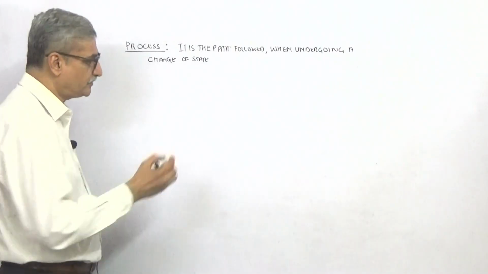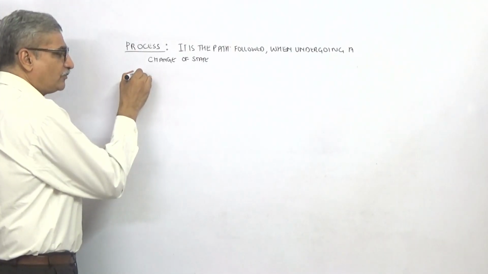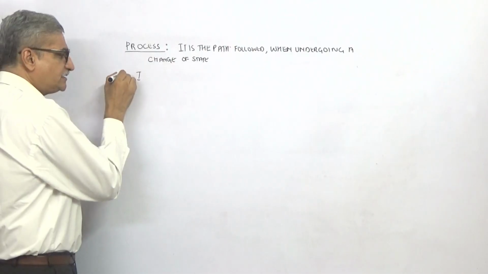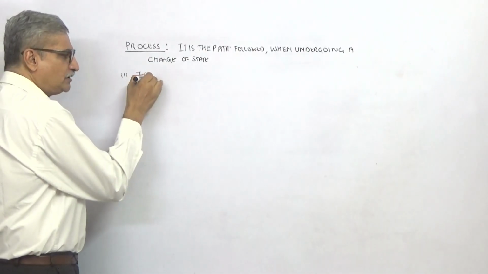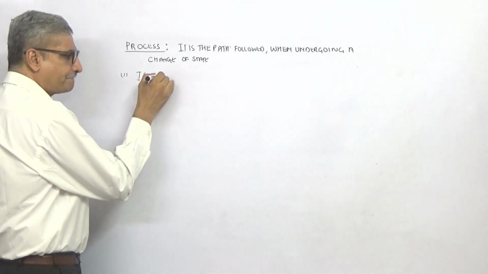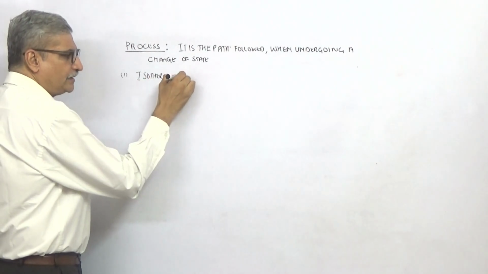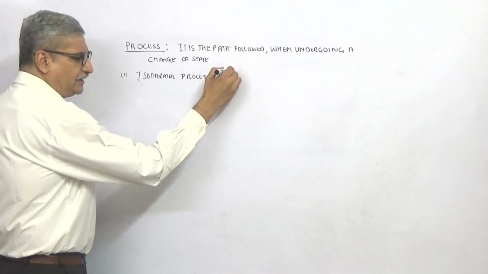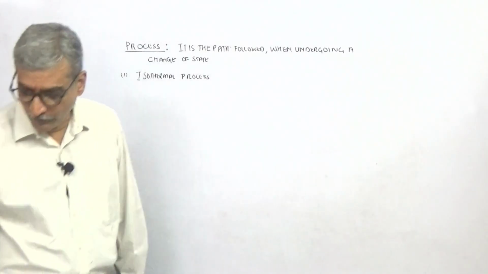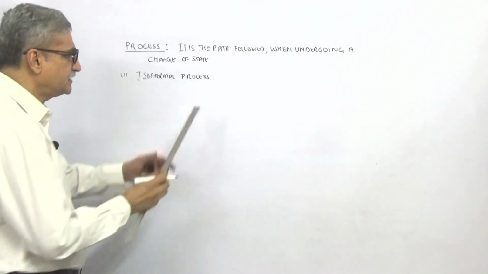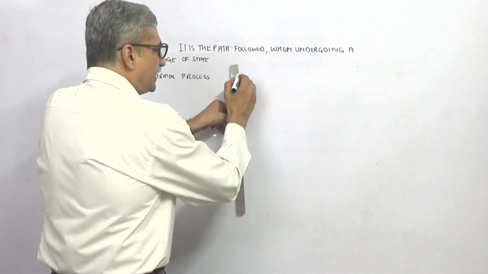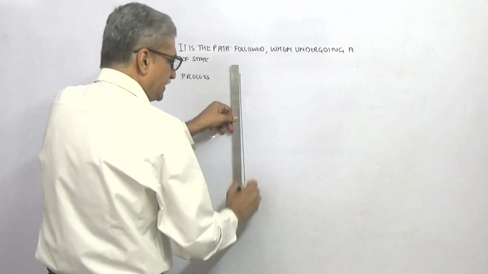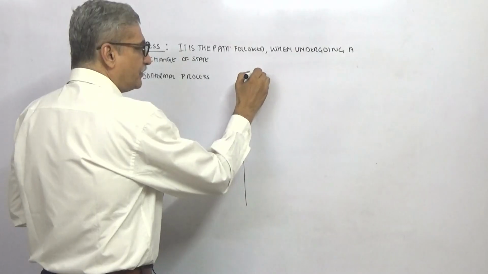What is the path followed? So obviously the first is isothermal process. And the other one, generally the popular question that they ask is, differentiate between isothermal process and adiabatic process.